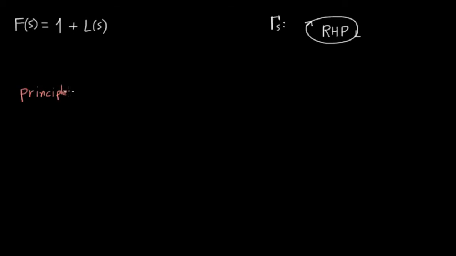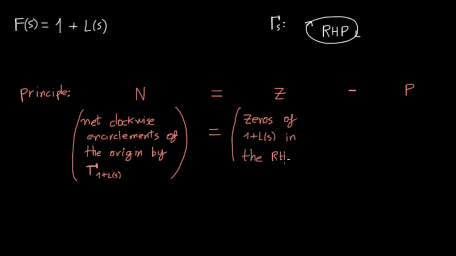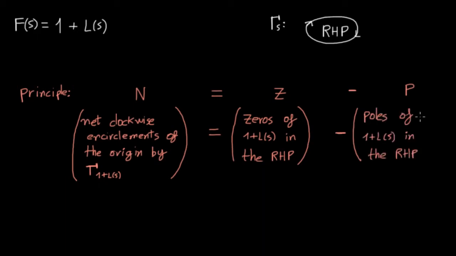In that case, the argument principle is telling us the number of net clockwise encirclements of the origin by the image trajectory gamma 1 plus L of s is equal to the number of zeros of 1 plus L of s in the right half plane minus the number of poles of 1 plus L of s in the right half plane. But notice this, the zeros of 1 plus L of s are the roots of the characteristic equation, or in other words, the closed loop poles. So in this scenario, Z is the number of unstable closed loop poles.